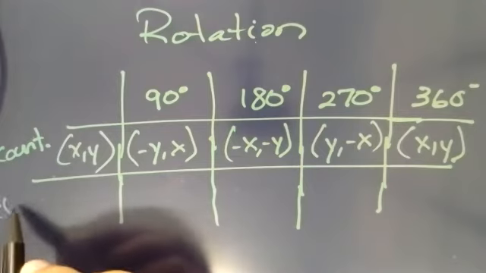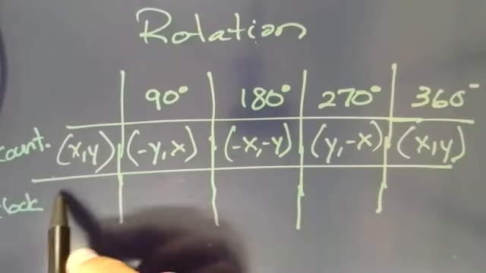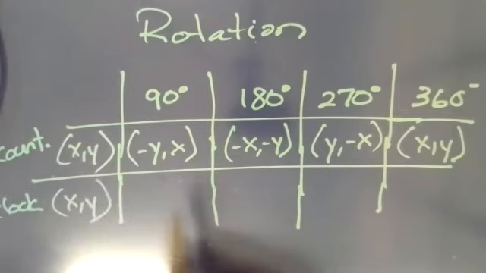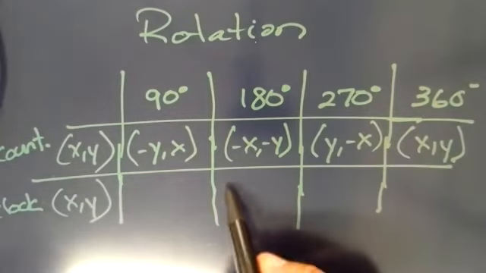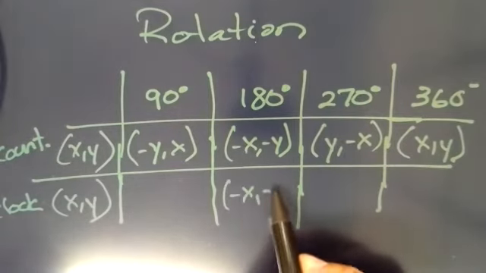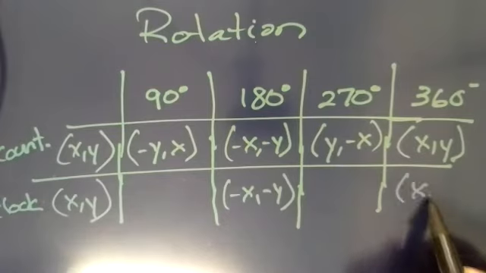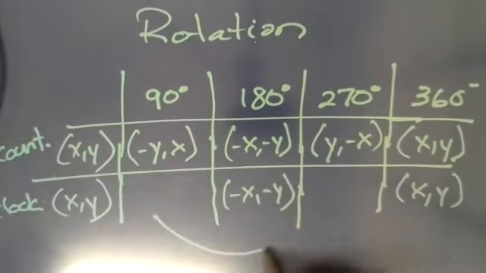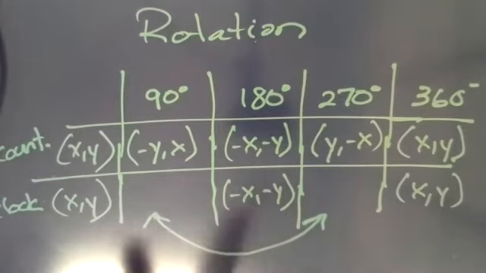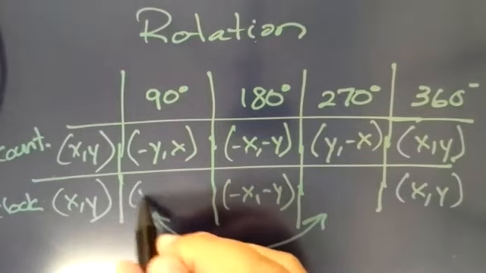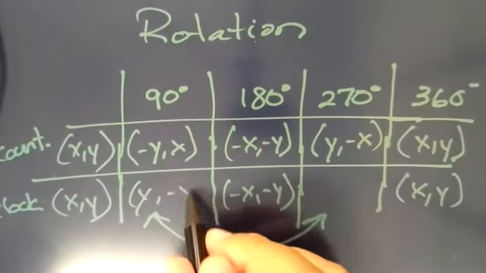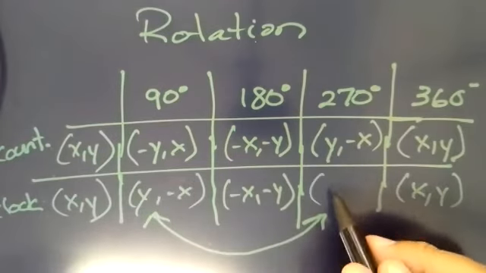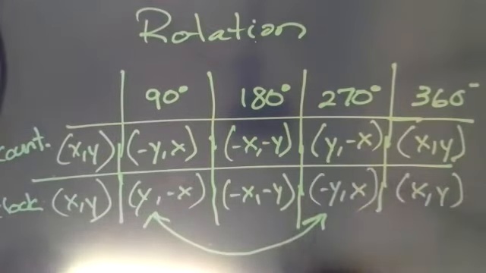This will be for a clockwise rotation. Remember the 180 and 360, they remain the same. The only difference is that this one and this one, they get swapped. So this will be Y comma negative X. This will be negative Y comma X. This you should know by memory. Okay?